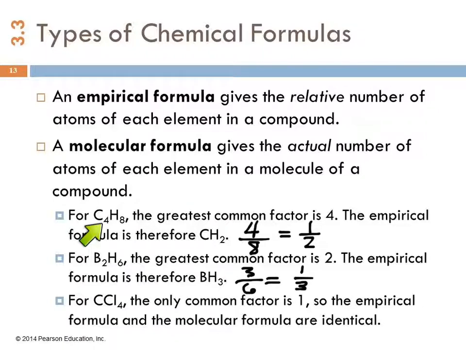If we look at the numbers and they're not in the lowest ratio, it's definitely a molecular formula. And to find the empirical formula, we just reduce that fraction or ratio. If it is in the lowest, then it could be a molecular formula. We definitely know it's the empirical formula. Sometimes they're the same, sometimes they aren't.